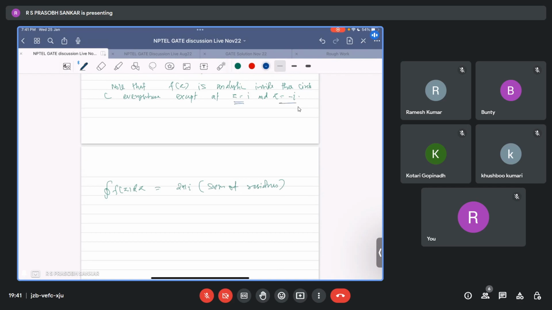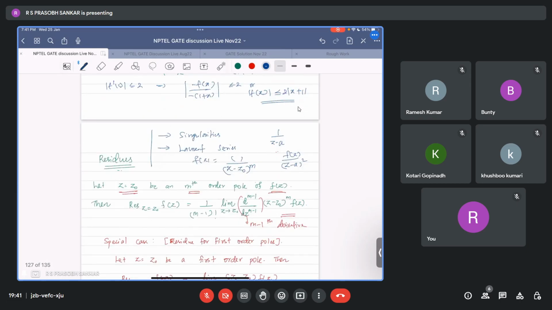We will have two residues, one at z equal to i, the other at z equal to minus i. So the residue of f of z at z equal to i, this is how we define it, if you recollect the definition from before.